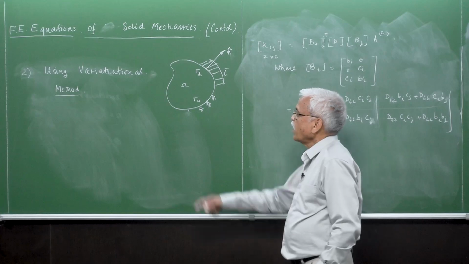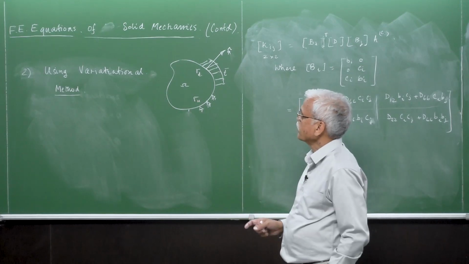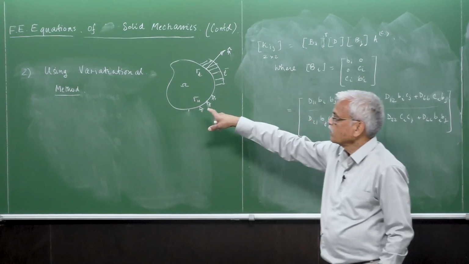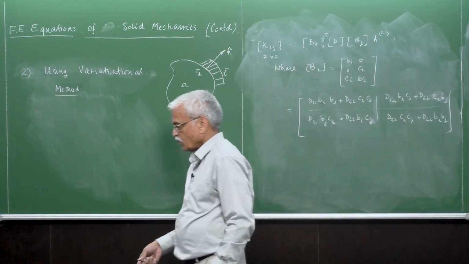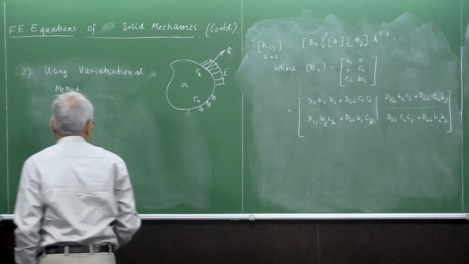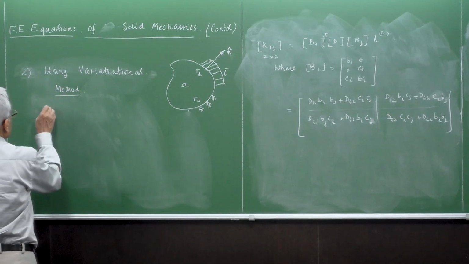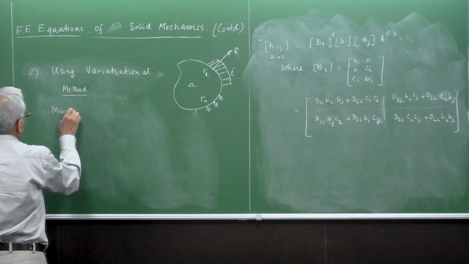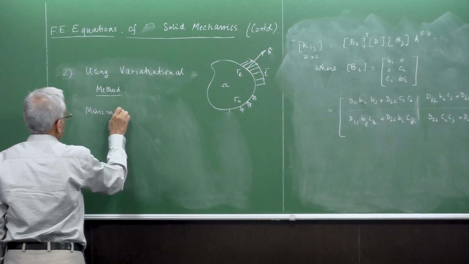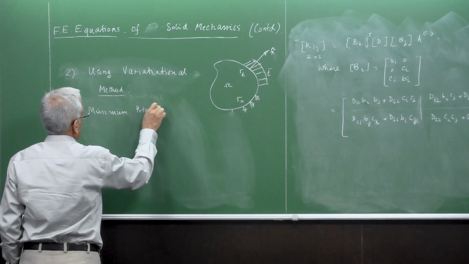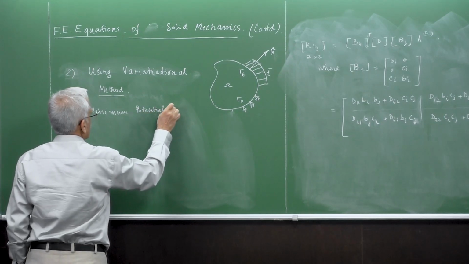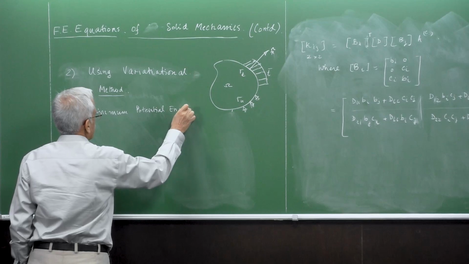All right. Now what we do here is that we would like to do this in 2 dimensions, which can be extended to 3 dimensions. So in this variational approach, we will apply the minimum potential energy principle.